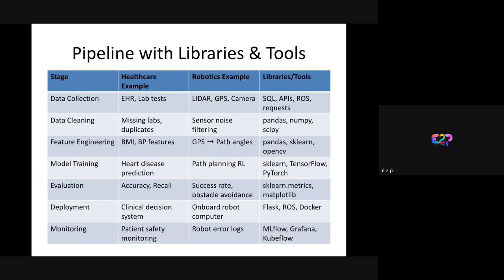And in robotics, normally, what is LiDAR? Light detection and ranging. It is a sensor which collects what we call point cloud data, a dense collection of LiDAR sensor data.